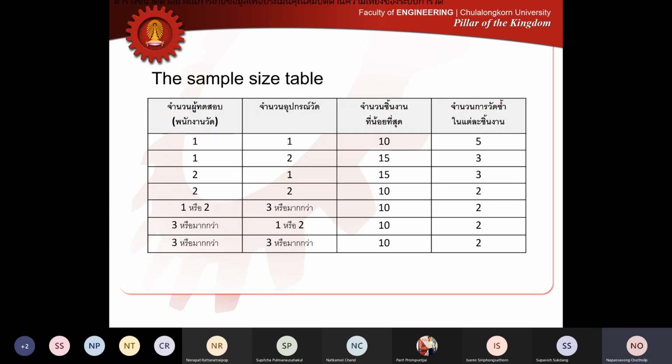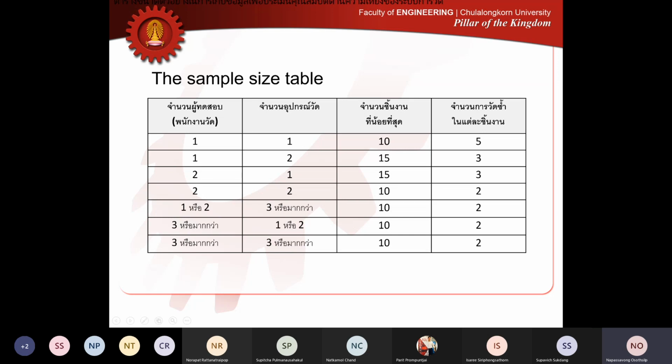And actually, when we do data collection, we have to consider this sample size table. It will tell you how many parts we need to do experiments, and also how many replications we need to do for each part. These numbers depend on the number of operators that we have.